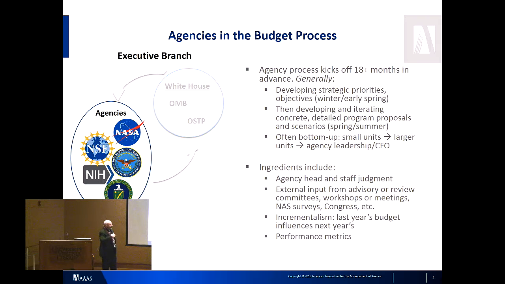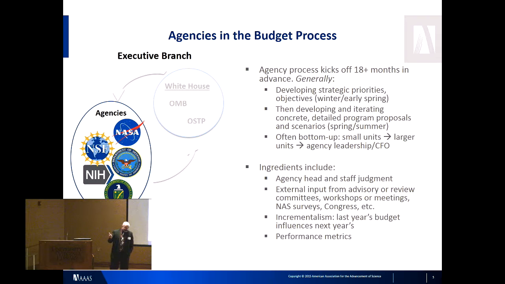And then once we get into April, May, and these are rough dates, they may vary agency by agency, but generally speaking, April, May, and through the summer, things get much more rigorous within the agencies. Once they've established their high-level priorities and their strategic plans, that's when we get much more concrete planning under various scenarios, trying to determine what resources they're going to need in a bottom-up fashion.